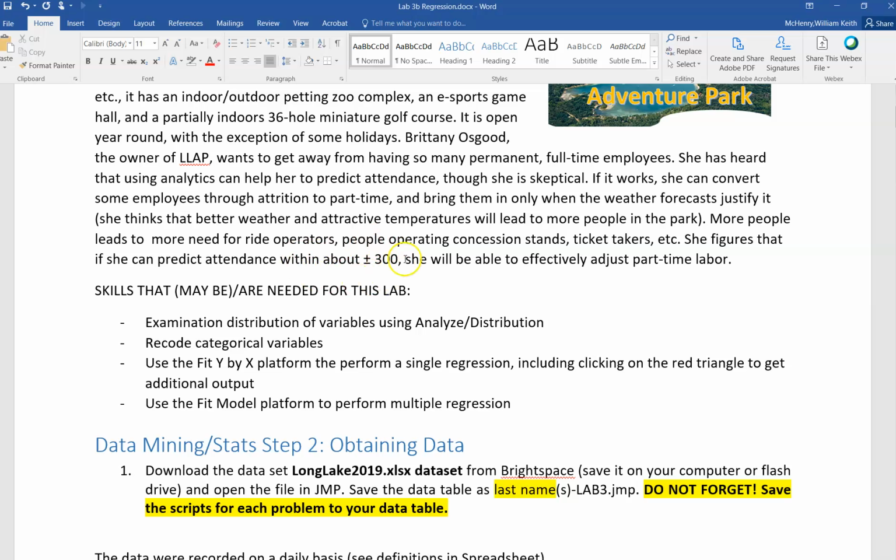And so what was our RMSE? It was 750. So right now our typical prediction is going to be about twice as far off as she is comfortable with for saying that this analysis is going to be a success.